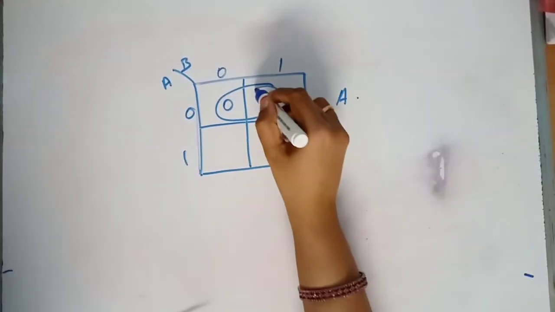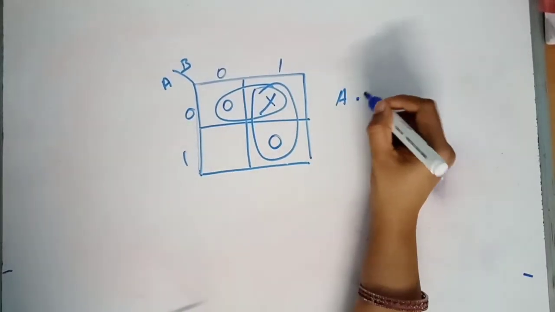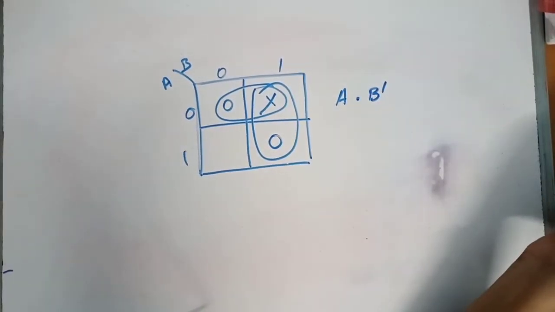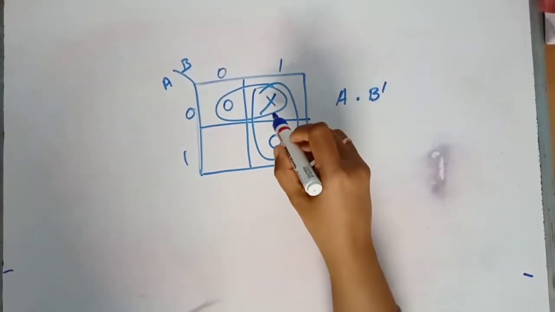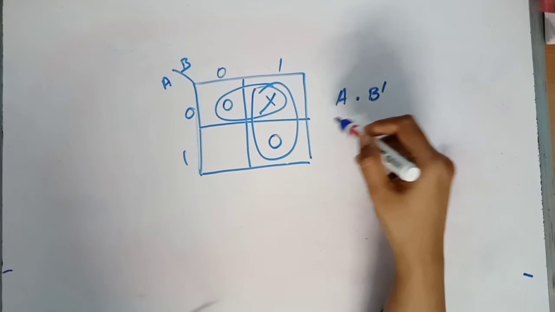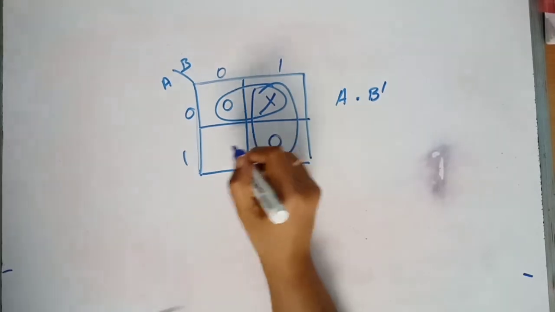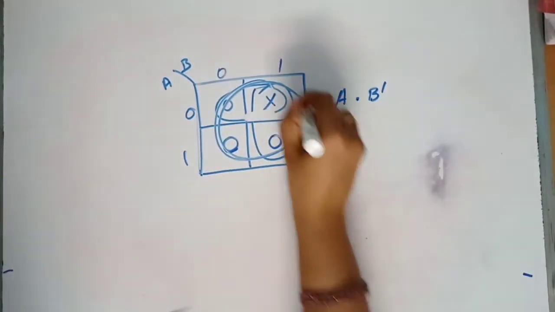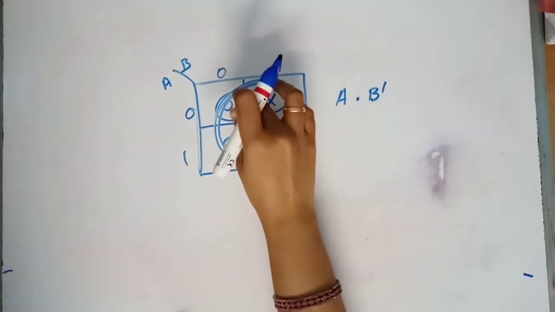Then you can group it like this and again group it like this, and you can write as A into B bar. Okay. So in this case, all the zeros should be grouped, and a don't care can be used any number of times. So here we need 2 groups. And if suppose I have a 0 here also, then we'll group it as a single group, not 2 or 3 groups, single group. And what will you write?